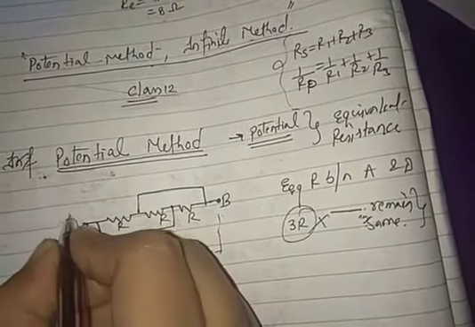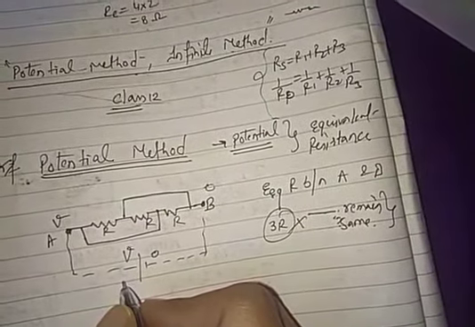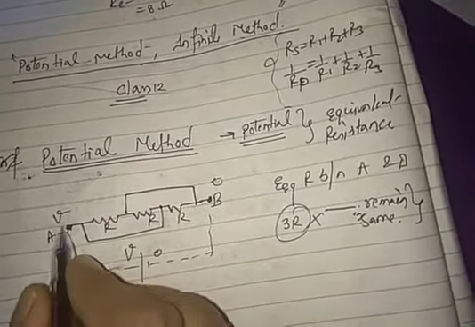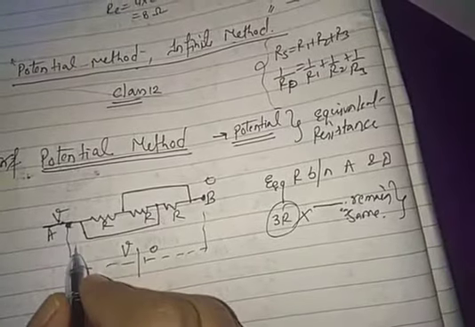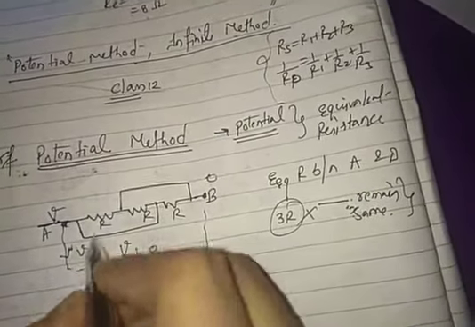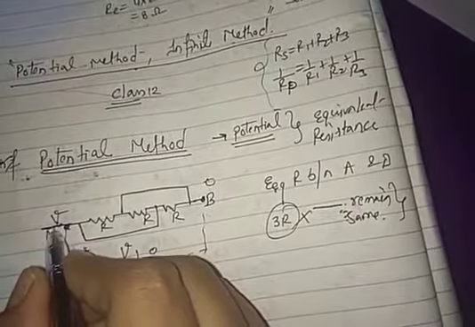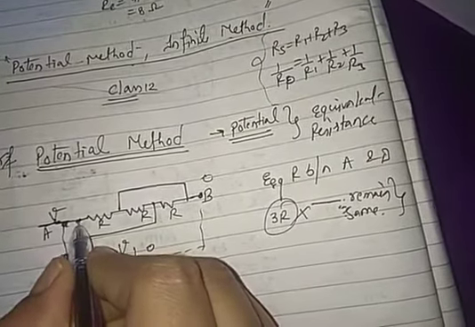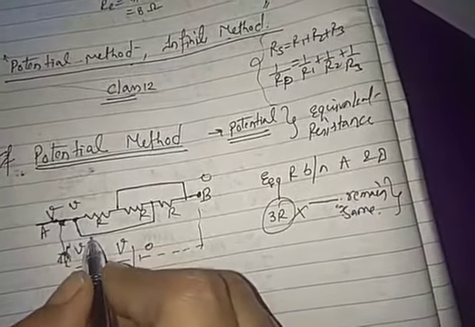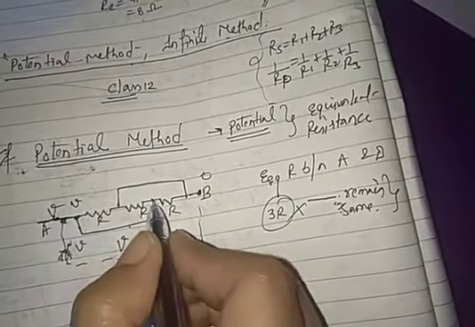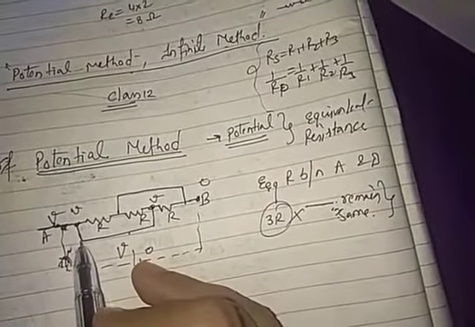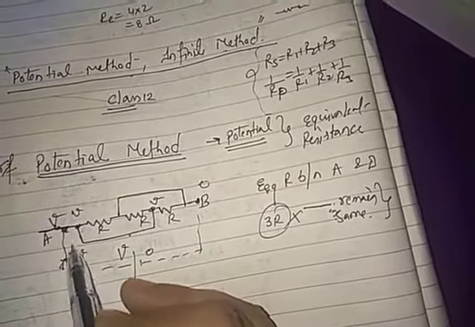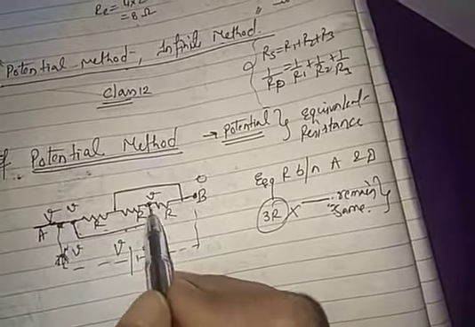So the potential at this point will be V, and the potential at this point will be 0. Starting from this point, the potential here will be V. It is going here, so the potential at this point will be V, and at this point it will also be V, because there is no instrument connected in between. That is, the potential at each point will be the same.